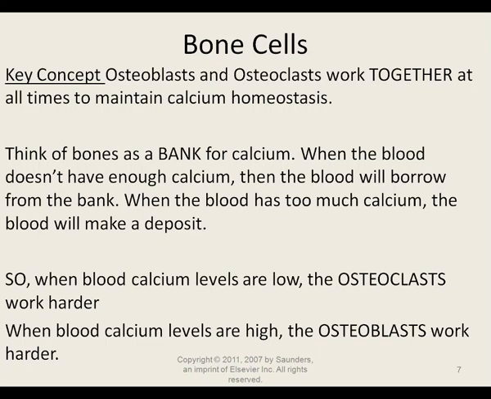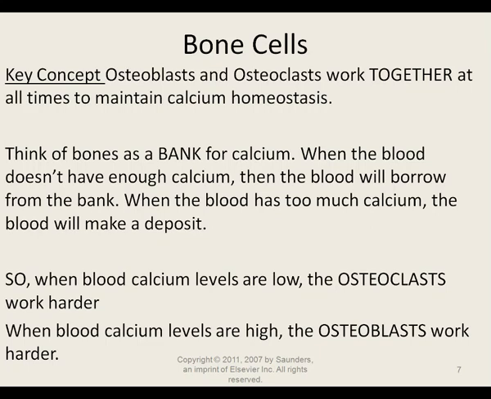When the blood has too much calcium, the blood will make a deposit on the bone. And this is in an effort to maintain what we already mentioned is something called homeostasis, keeping those calcium levels within range. So if calcium levels in the blood are too high, then calcium will get deposited on the bone. If calcium levels are too low, then calcium will be removed from the bone.